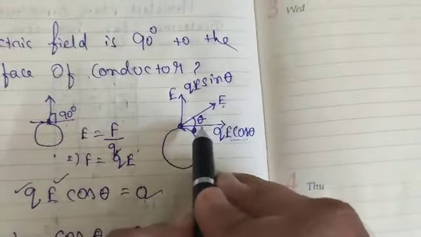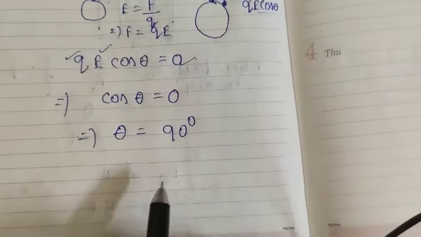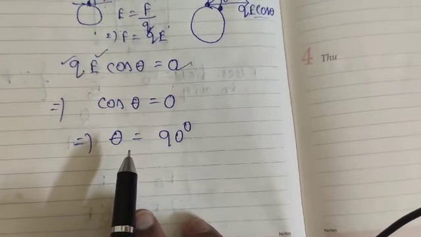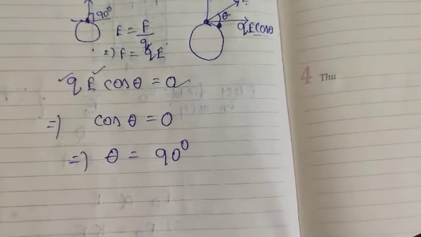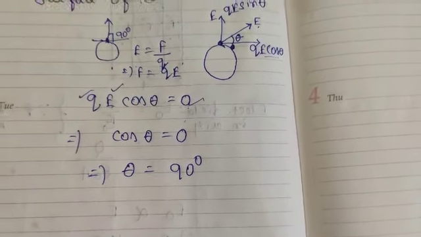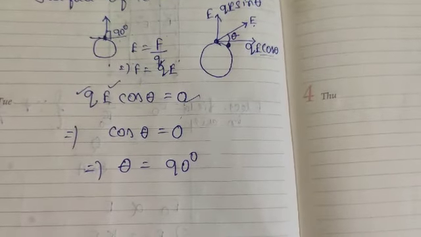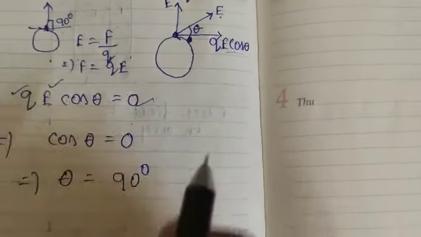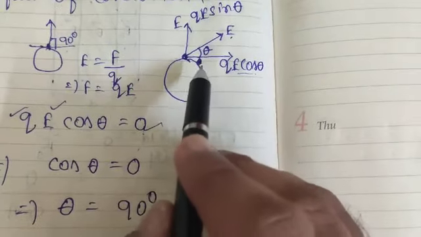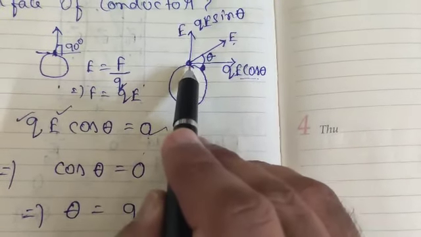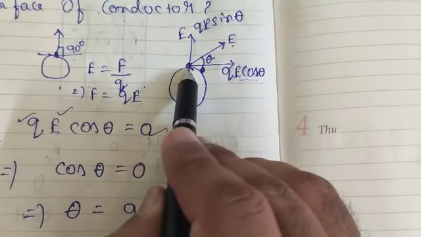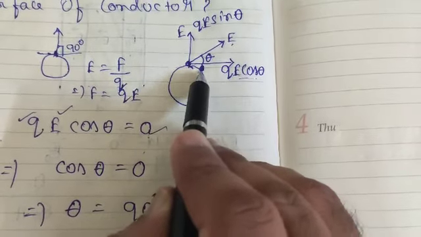If it is not making any angle theta, so what should it be making? It should make an angle 90 degree. This is the way to prove, right? And again I am telling you why this charge is not moving, because these charges are static charge and this charge is not applying any force.